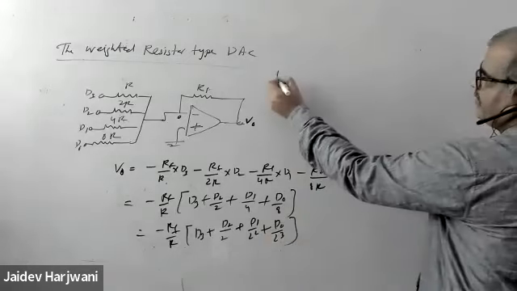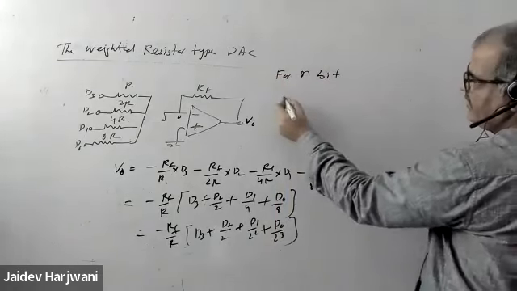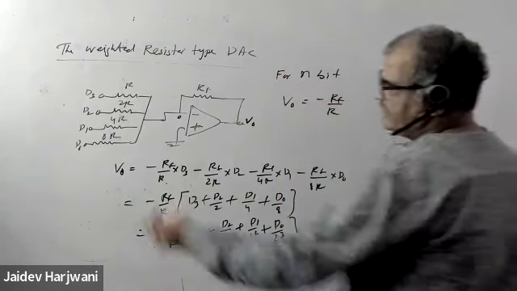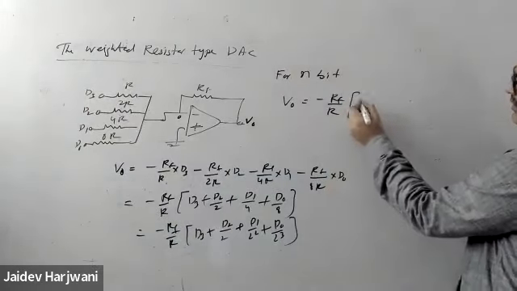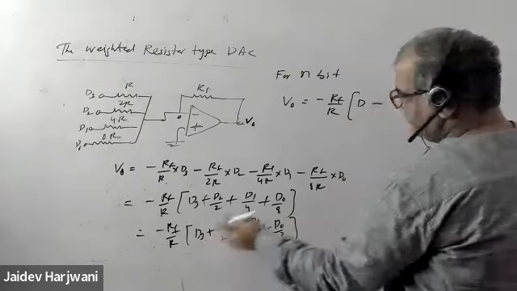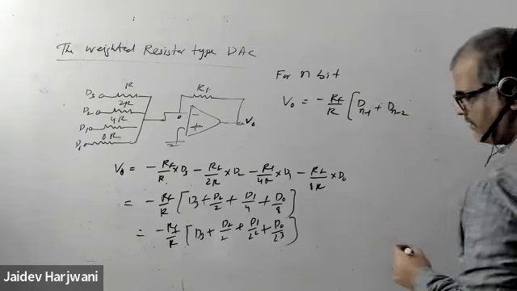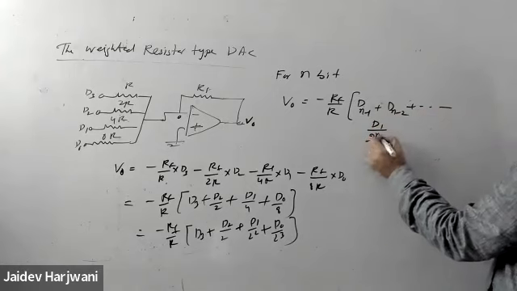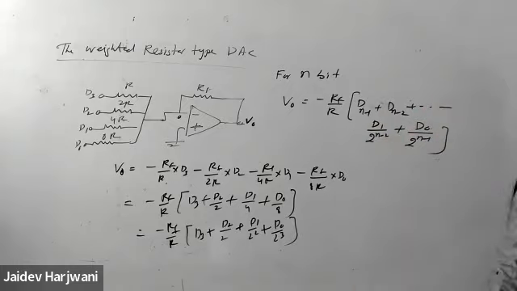So for n bit, V0 will be minus RF upon R, this is the weightage, times D(n-1) plus D(n-2) upon 2, and let's keep on going, D1 upon 2 power n minus 2 plus D0 upon 2 power n minus 1. That is the formula.